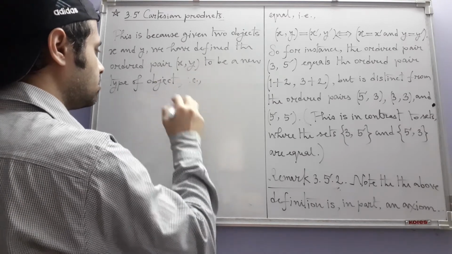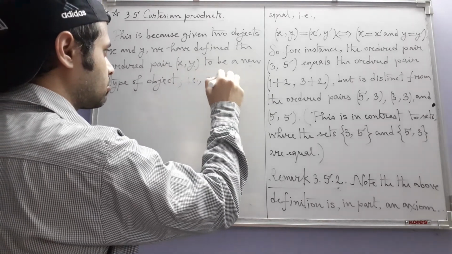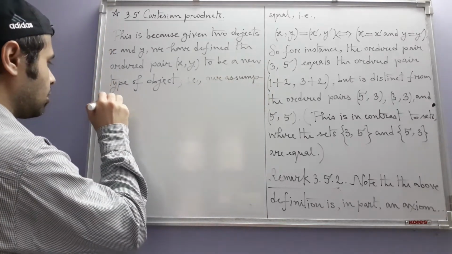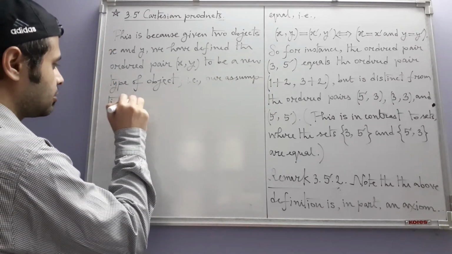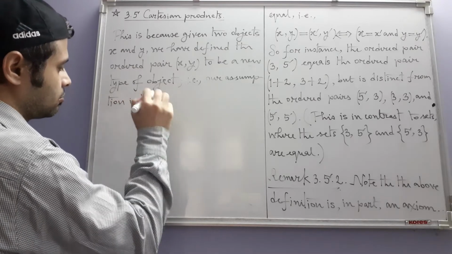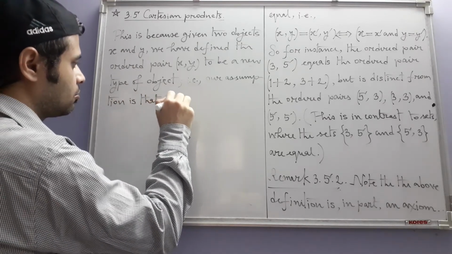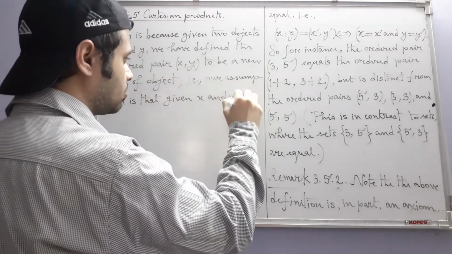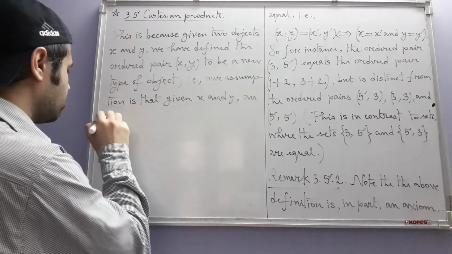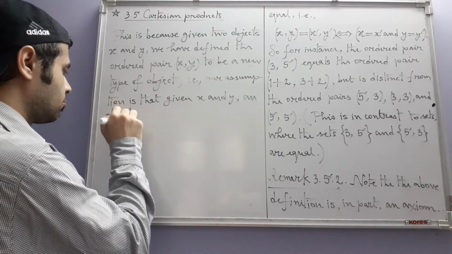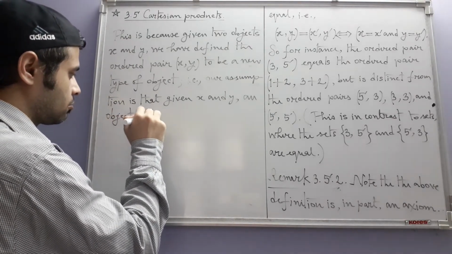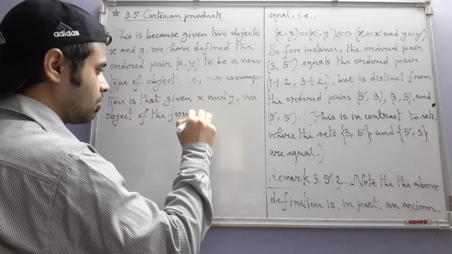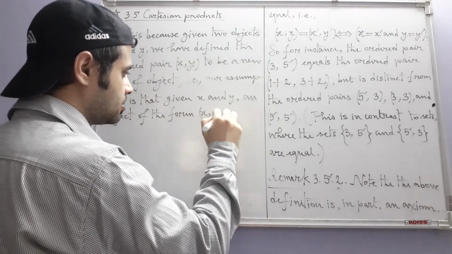That is, our assumption is that given x and y, an object of the form (x, y) exists.